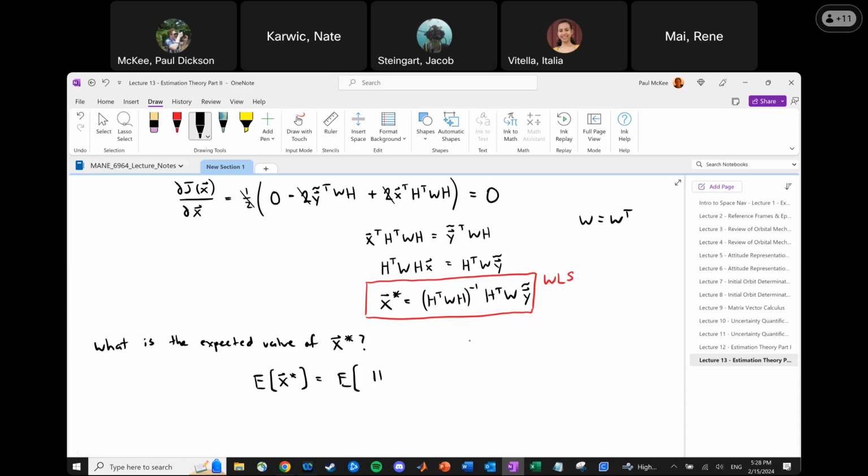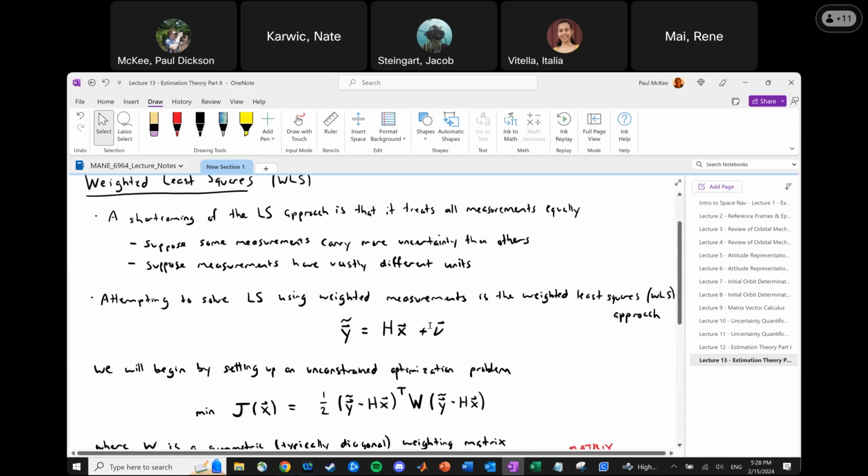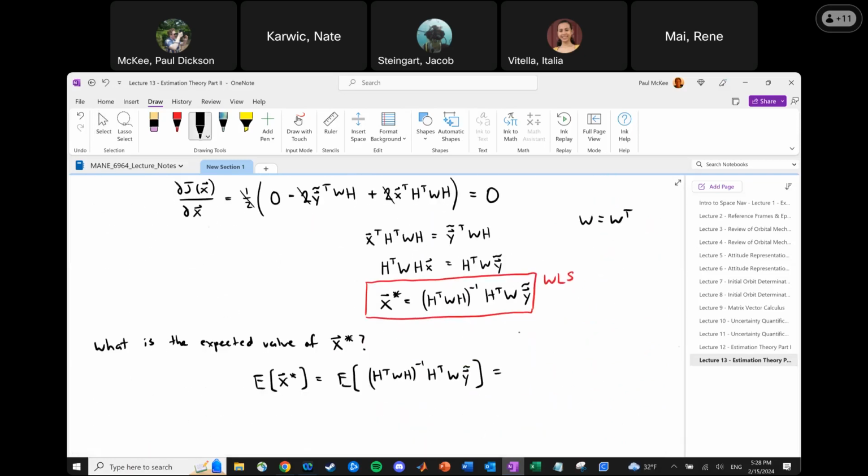It's (H transpose WH) inverse H transpose W y-tilde. But remember that y with the squiggle on top is equal to Hx plus nu.